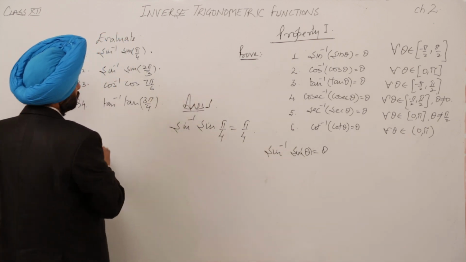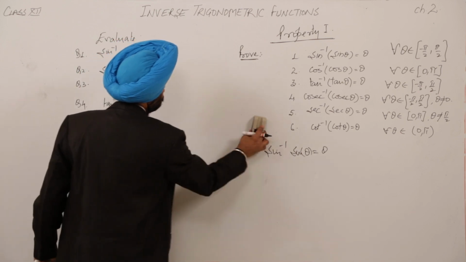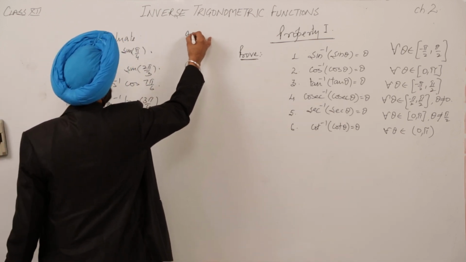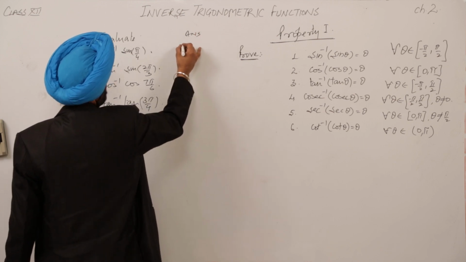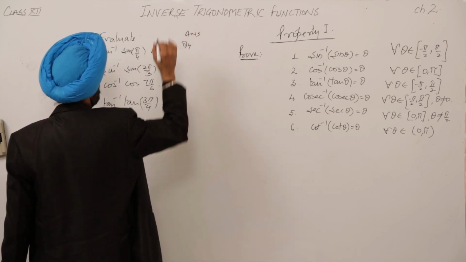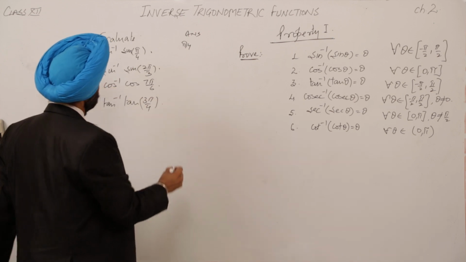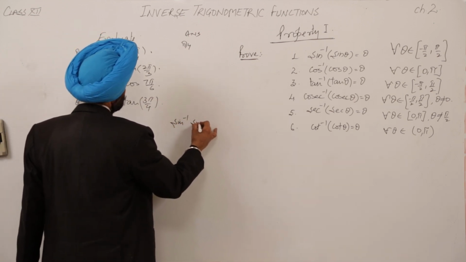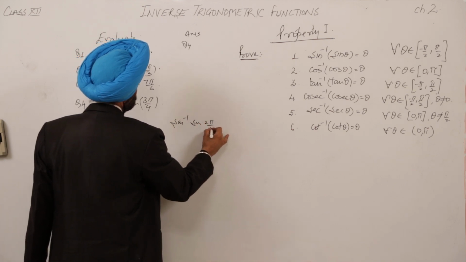So the answer for the first is pi by 4. Now sine inverse sine 2 pi by 3. Check it, what is 2 pi by 3?